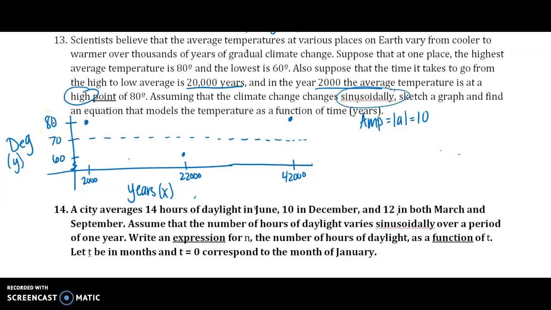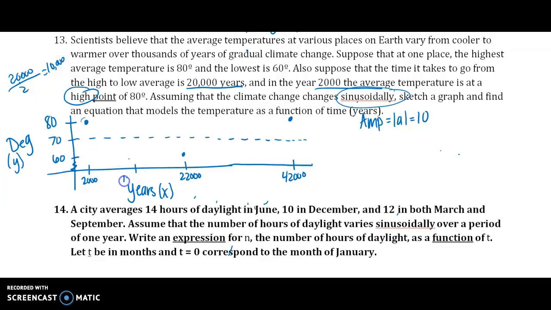Now we need to have those points on the graph. So if it's going from the max to the min in 20,000 years, that means halfway between that, in years, half as many years in between, it'll be halfway between 80 degrees and 60 degrees. So half of 20,000, divided by 2, happens to be 10,000.